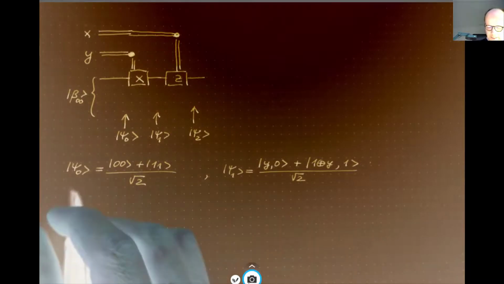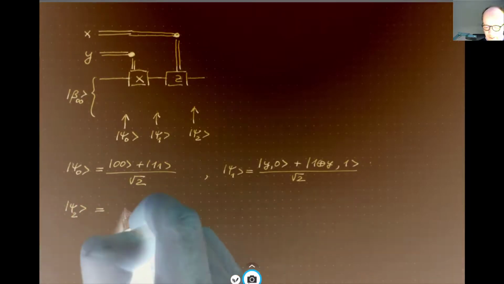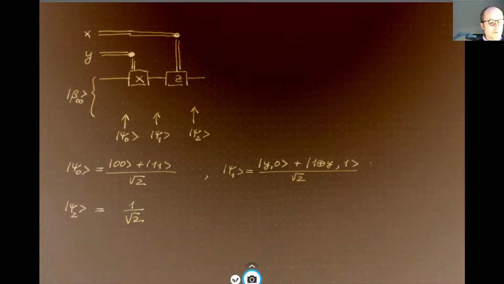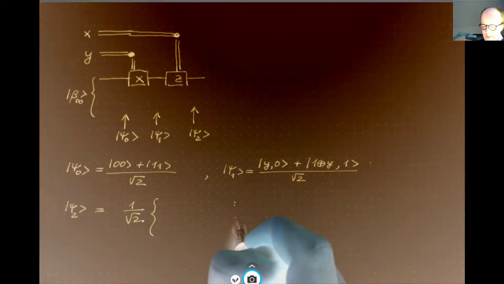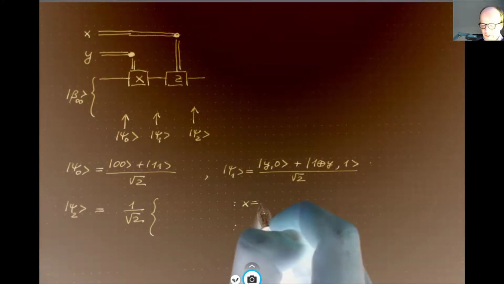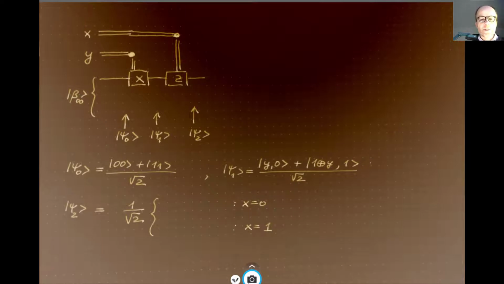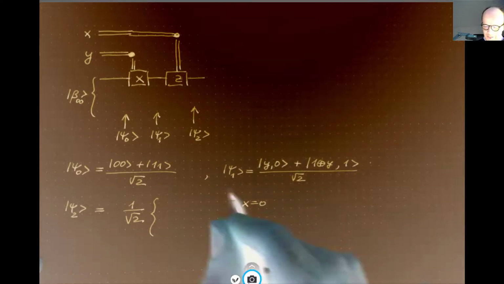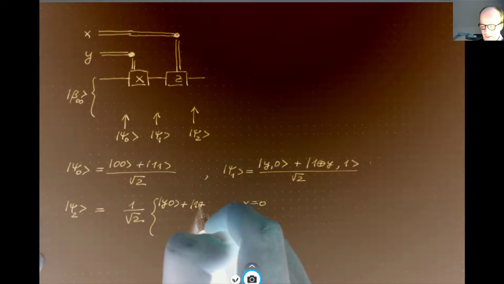So let's see how that affects the state of our qubit pair, state psi 2. Let me take out the factor 1 over square root of 2 and focus on the rest. Let me consider two cases. Either x is 0 or x is equal to 1. If x is 0, then of course nothing happens, and the state is still |y,0> plus |1 plus y,1>.